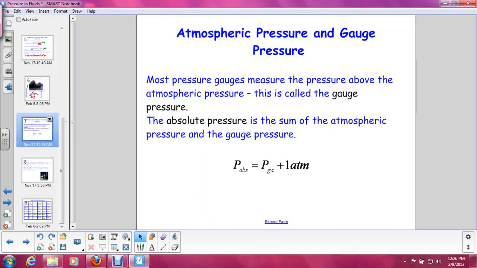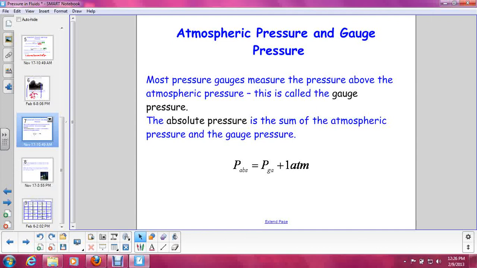Most pressure gauges, or a dial, measure the pressure above atmospheric pressure. So if I had a pressure gauge to measure the pressure in a balloon, and I was measuring it right here in the classroom, it would tell me how much pressure that balloon has disregarding atmospheric pressure. And this is called the gauge pressure.